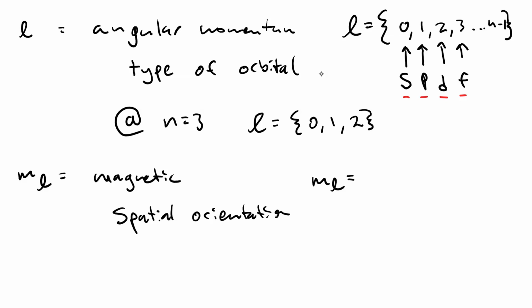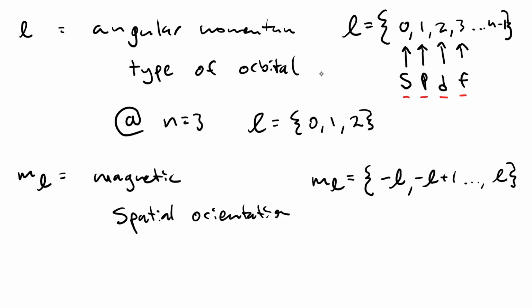M sub L can have any integer value from negative L all the way up to positive L. So the lowest value of M sub L for a given L value is negative L, then negative L plus 1, all the way up to positive L.